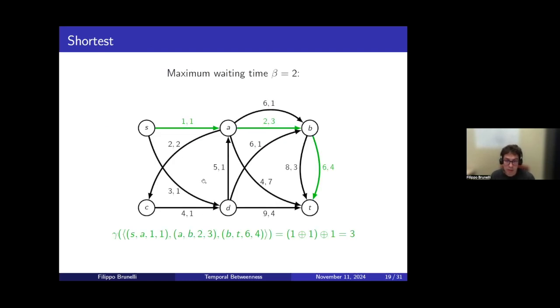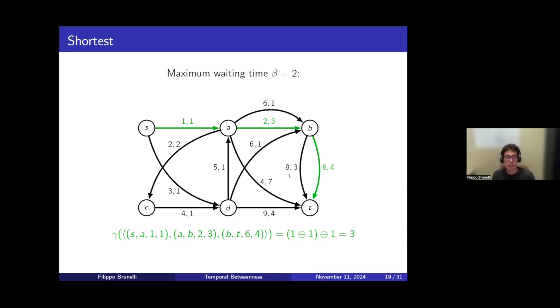So if we consider a temporal walk from S to T, the cost of the temporal walk is simply the combination of the cost of these temporal edges, which are all 1 in this case. By adding them up, we obtain the length, so the number of temporal edges that are present in the walk.